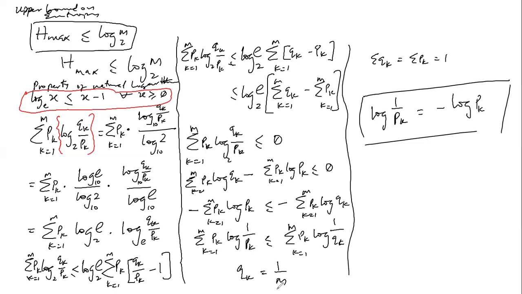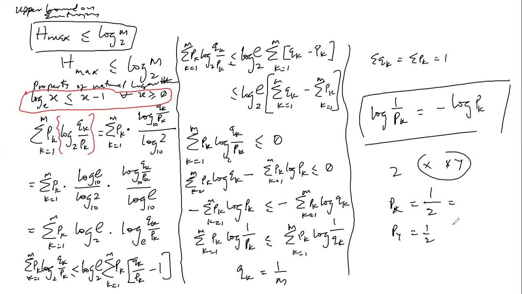If they are equally likely, they all have the same probability, the M message symbols. If we have two symbols, X and Y, equally likely, the probability of X is half, and the probability of Y is also half.